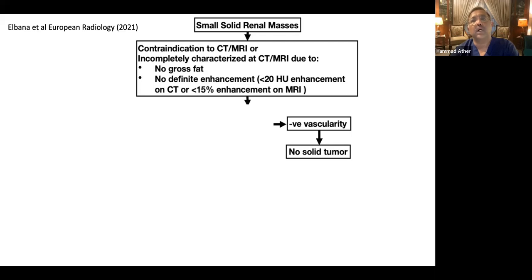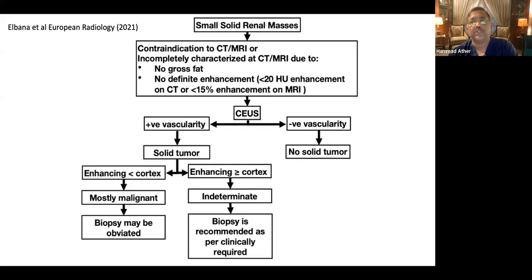If there is a contraindication to CT or MR, or if it is incompletely characterized on CT and MR with no gross fat, no definitive enhancement, or less than 20 Hounsfield unit enhancement, then you can do a contrast-enhanced ultrasound. If it shows no vascularity, there is no solid tumor, and you can be absolutely sure that there is nothing suspicious.